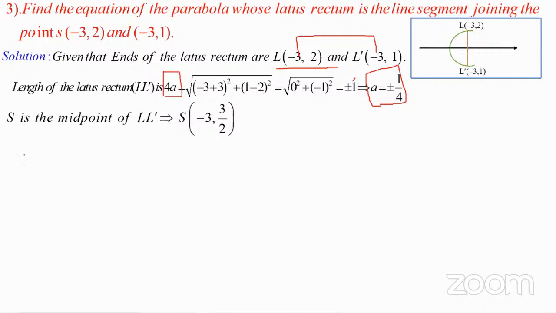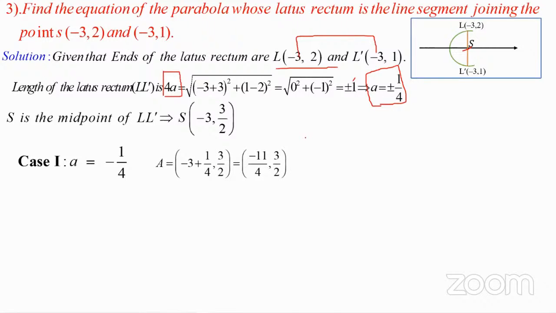And what is the midpoint of the latus rectum? That is S, which is the focus, since it passes through the focus. So minus 3 comma minus 3 by 2 from the midpoint formula. If a value is minus 1 by 4, we'll get one equation.